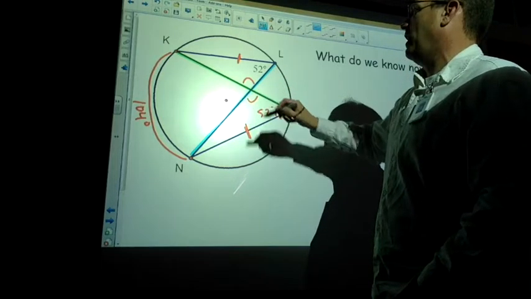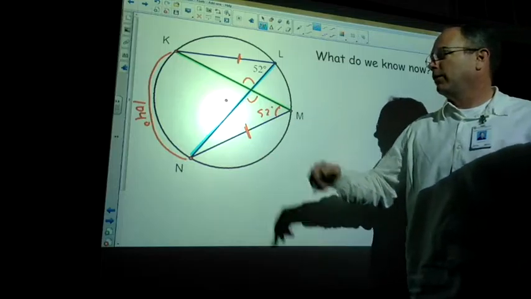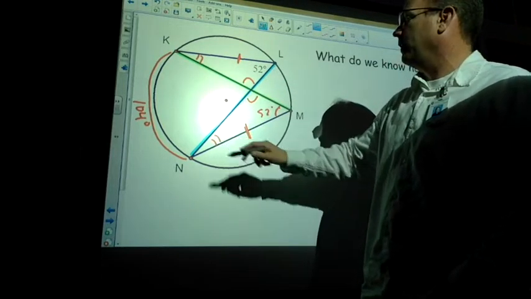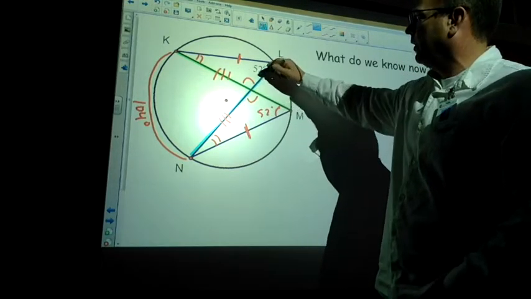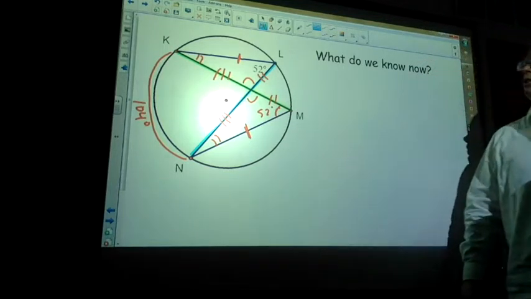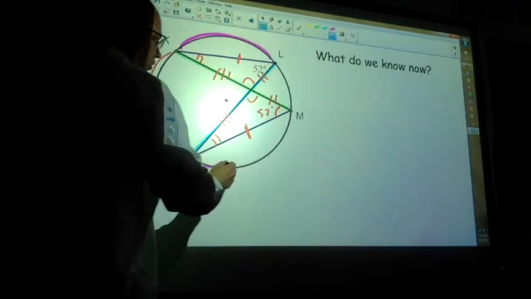If they're congruent, then you could go through a whole lot more, saying I know this angle and that angle are congruent because of CPCTC, or they are vertical angles. This is congruent to this down here. This part right here is congruent to this part here. There's all kinds of good stuff. And then other things that we know. I know this is the same as this.